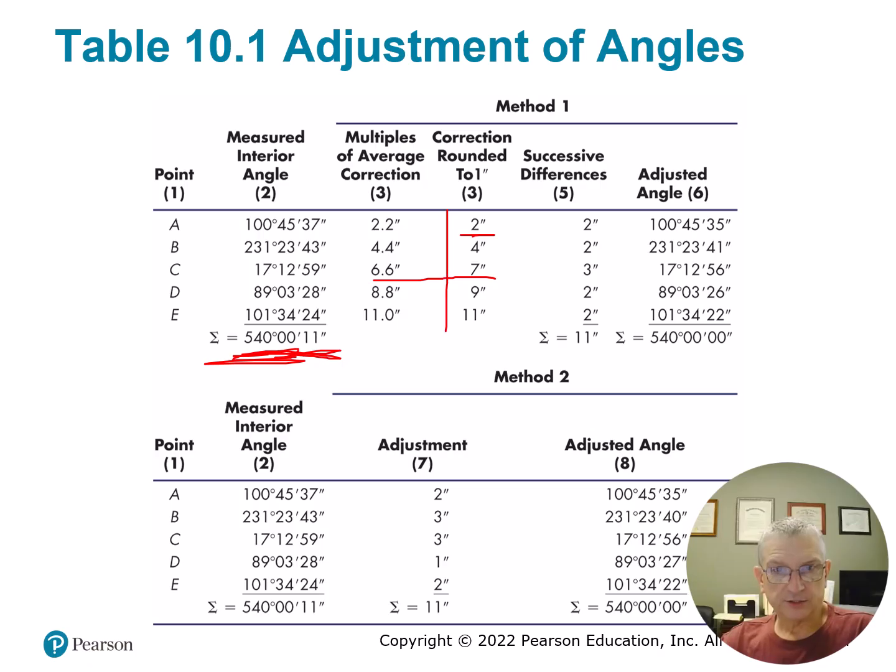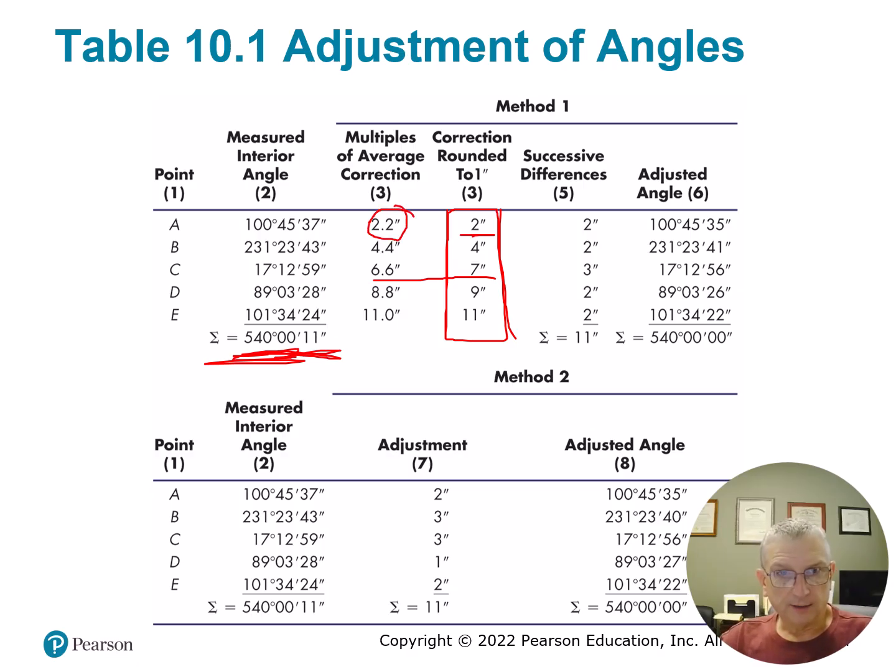But you're adding this to the sum of the angles, which you would be adding to the azimuths, but to the interior angles, you're just adding this to each.